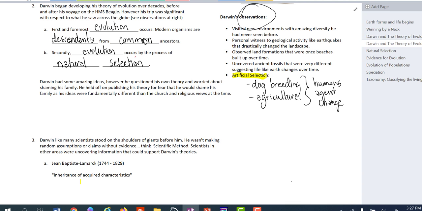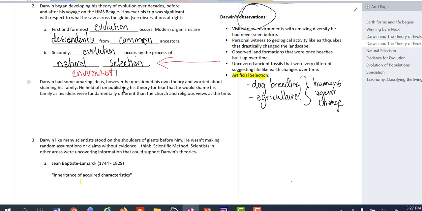And so it wasn't a huge leap for Darwin to believe that maybe nature and the environment, as it changes, could also drive evolution and drive changes in organisms. So he had some amazing ideas, but over the decades, he just sat on this information because, one, being from a very religious family, he feared shaming his family because these ideas and beliefs went directly against the church.